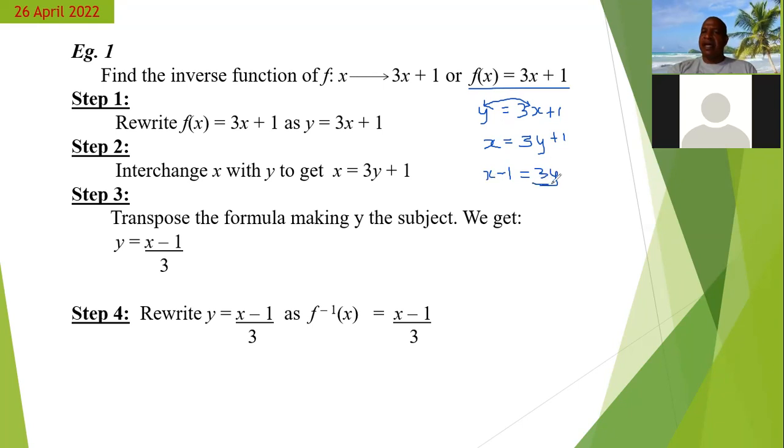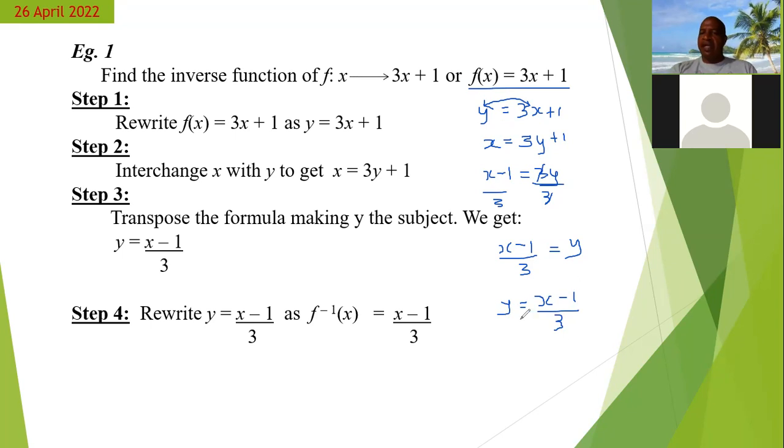So we divide this side by 3, divide this side by 3. This 3 cancels out here. So we have x minus 1 over 3 is equal to y. Now you can flip it around and write it as y equals x minus 1 over 3. And it would be the same thing.